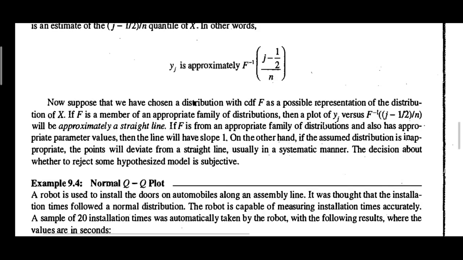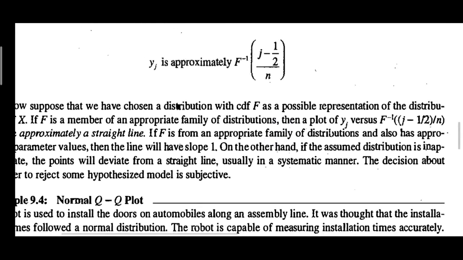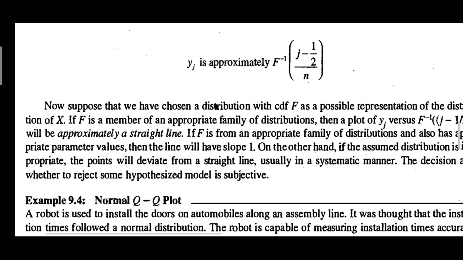Now suppose that we have chosen a distribution with the CDF F as a possible representation of the distribution of x. If F is a member of an appropriate family of distribution, then a plot of yj versus F inverse of (j minus half) divided by n will be approximately a straight line.